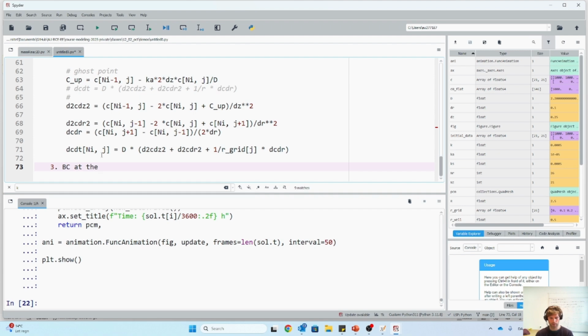and that is on the left side, which is actually at the center of the tank in this case. So because we are at the center and we have symmetry, the gradient dc dr will be 0, and that is a Neumann boundary condition.